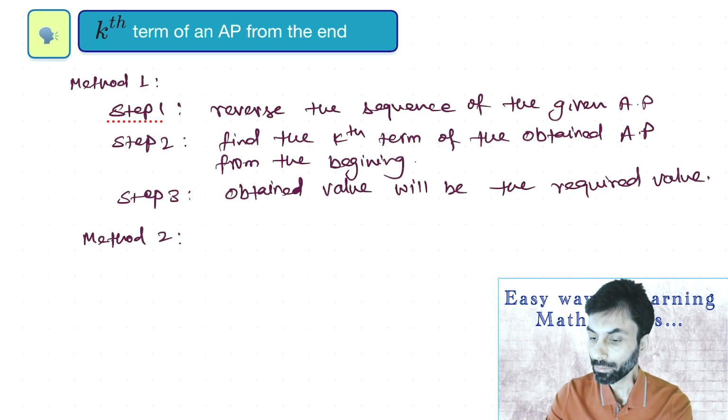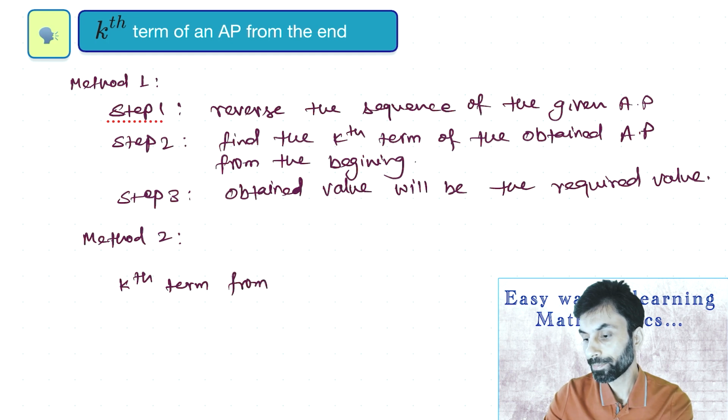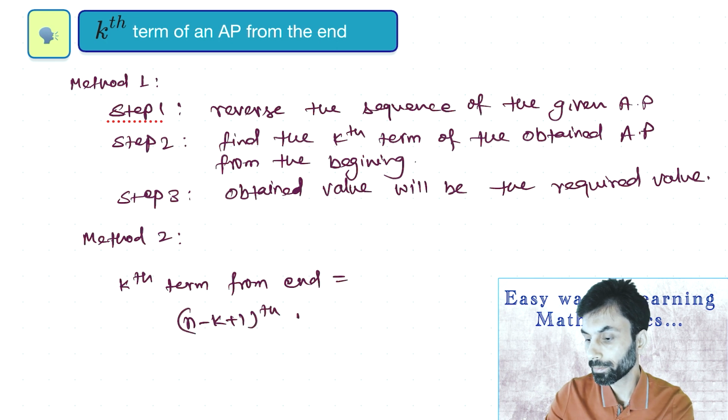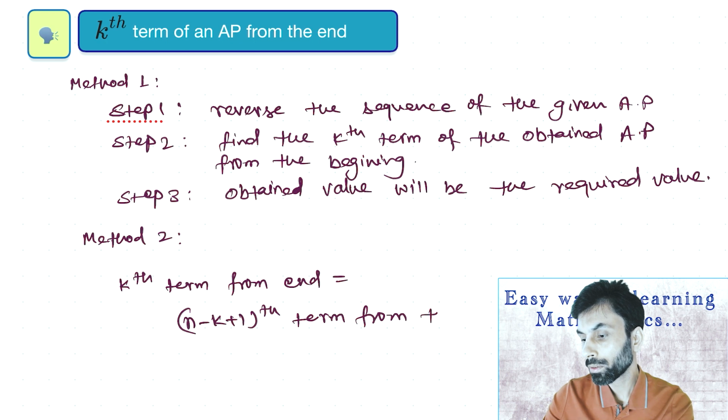So here the kth term from the end will be equal to the (n minus k plus 1)th term from the beginning.